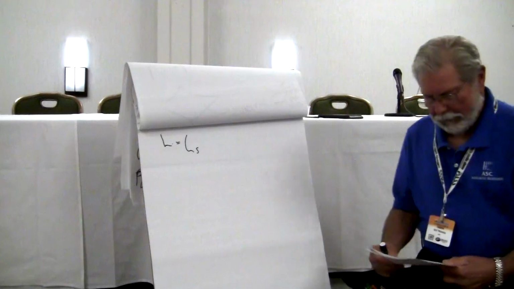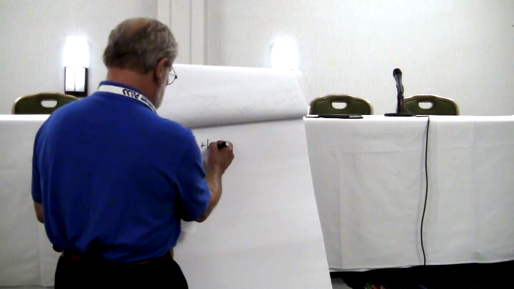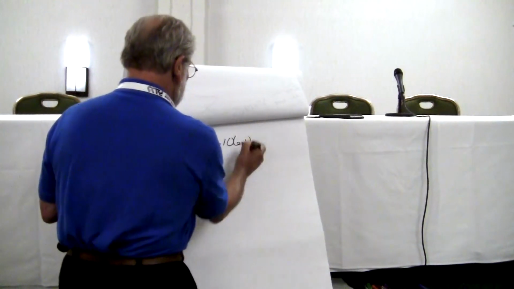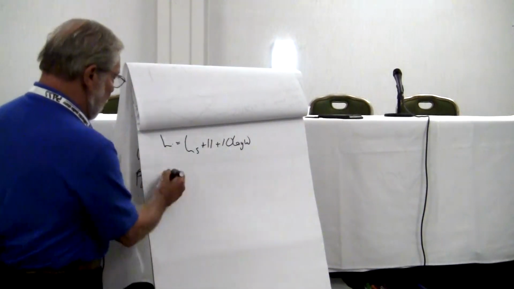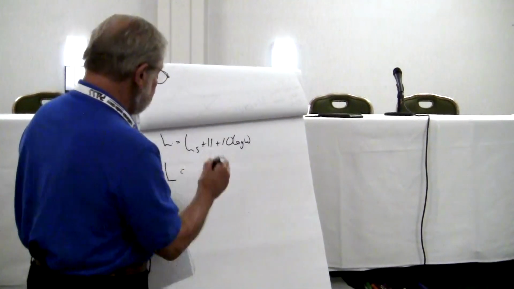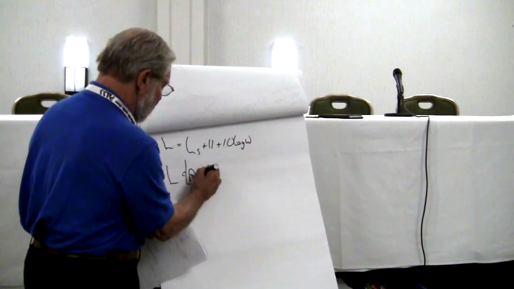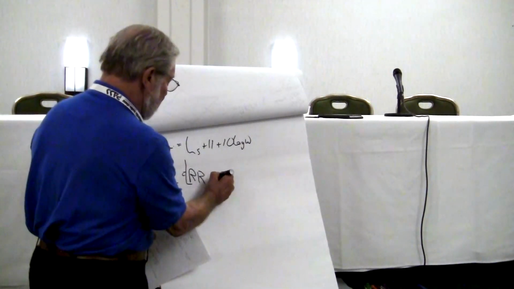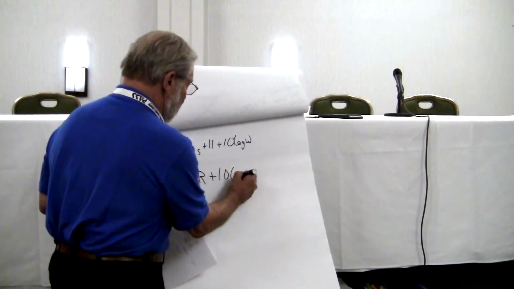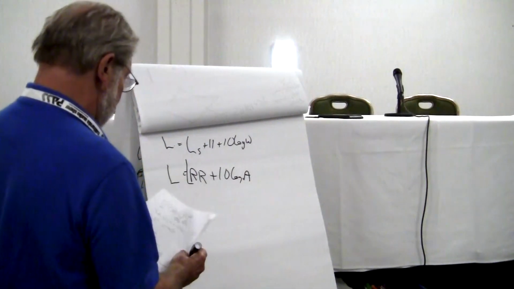So the sound power coming out of the speaker is the sensitivity of the speaker plus 11 plus 10 log electric power going into it. The sound power that's being absorbed is equal to what's called the running reverb, because that's what's impacting the sound absorbers, plus 10 log A.